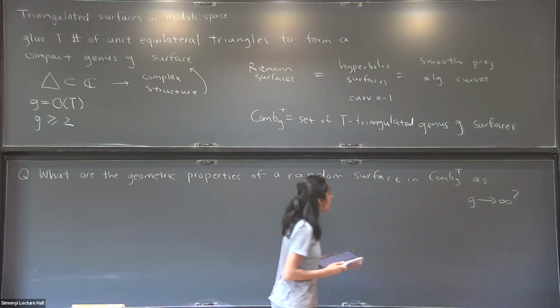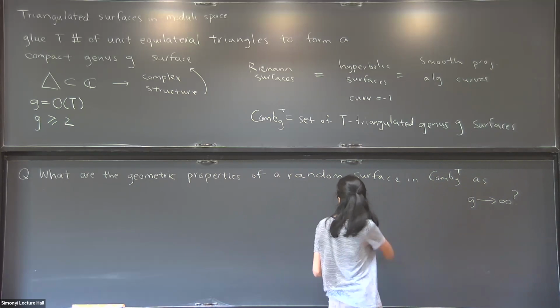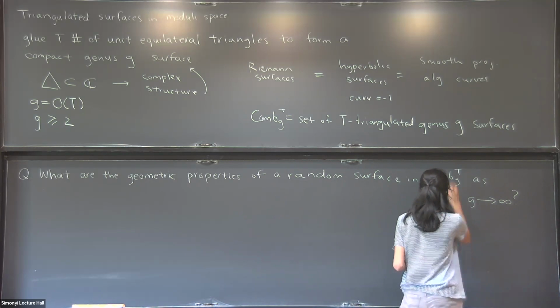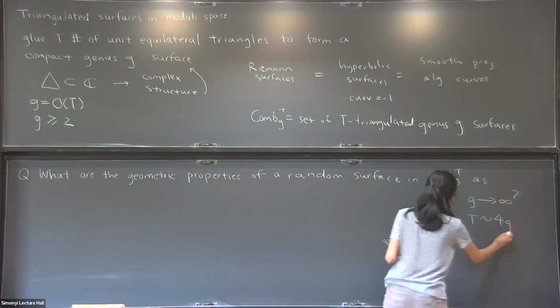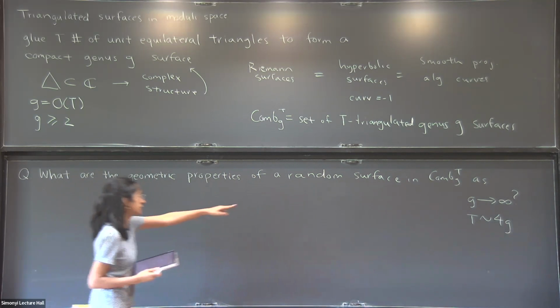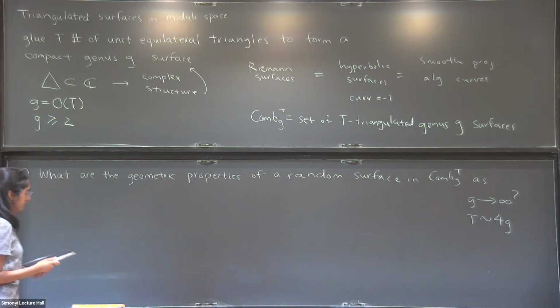Here there are 2 variables, and in particular we ask this question when G goes to infinity and T goes to infinity proportionally to G, so that T is actually 4G, or T grows close to 4G.